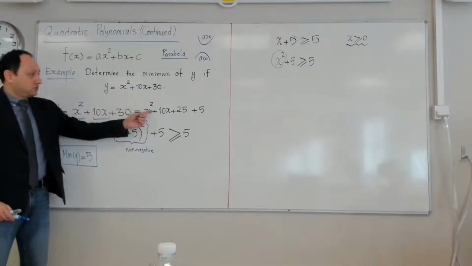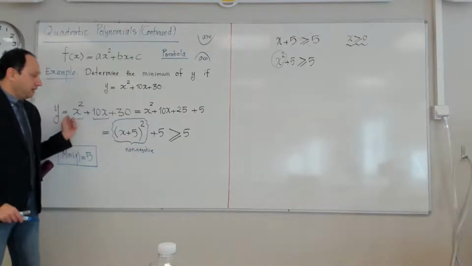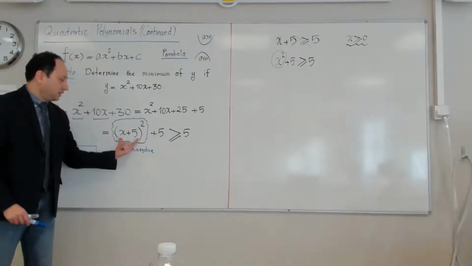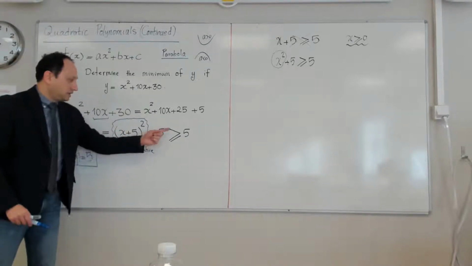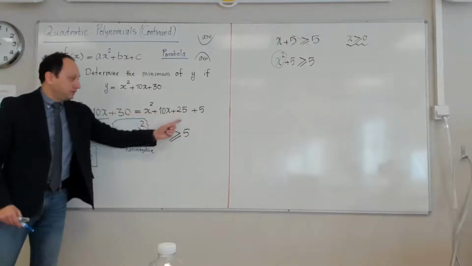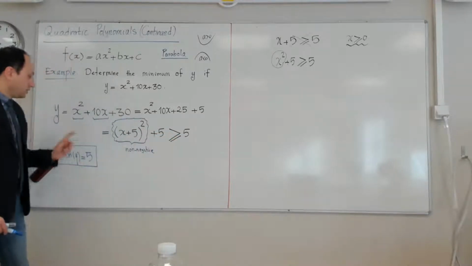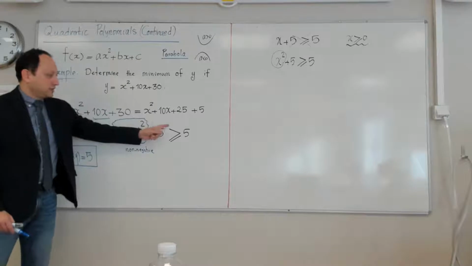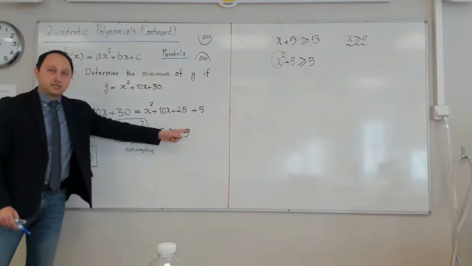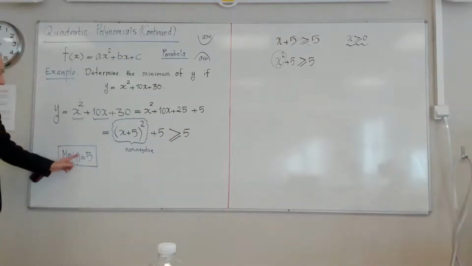I was able to write it in a different way so that arguing about the values of y becomes easier for me. And then from this argument that this is non-negative, I realize that this is greater than or equal to 5. So look, y is equal all the way around up to this point, and then greater than or equal to 5. So it means that y is always greater than or equal to 5. So if I ask you what is the minimum, you would say the minimum is 5. Minimum of y is 5.